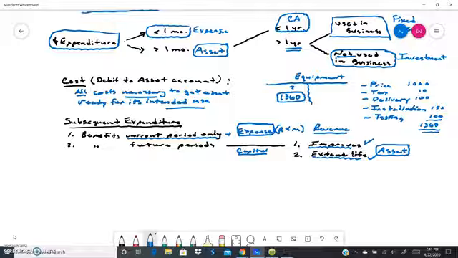Okay, so those are the differences in subsequent expenditures. And then what happens is we continue to depreciate or make adjustments in depreciation, which we'll come to later. But for right now, for cost, we're going to include all the costs that are necessary to get the asset ready for its intended use.